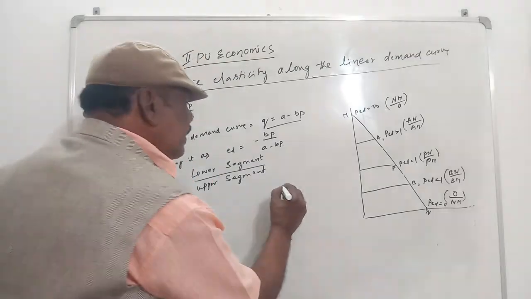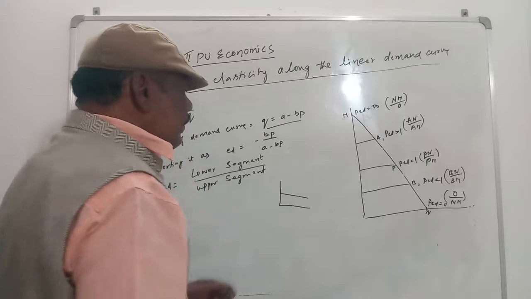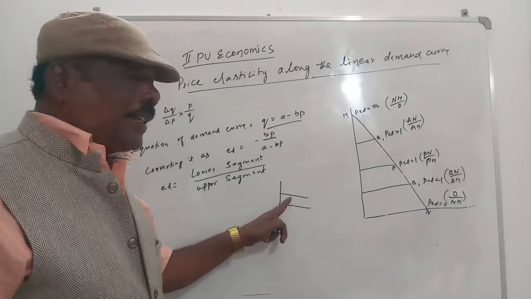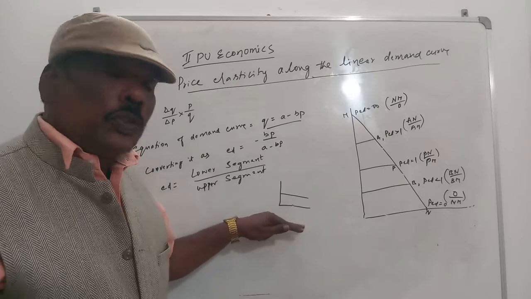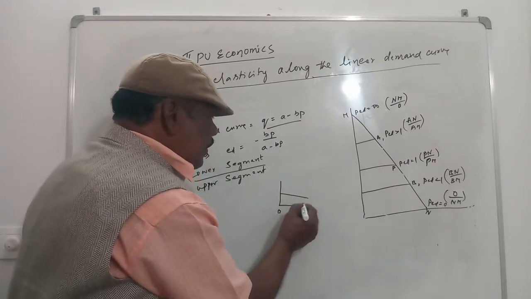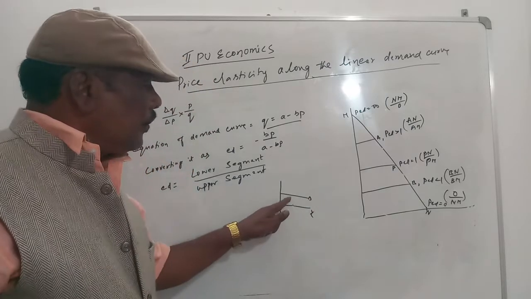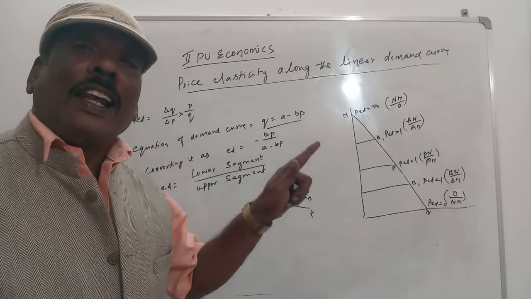You know, there is one, so in perfectly elastic demand, the demand curve is horizontal to the OX axis. This is the OX axis and this is the demand curve. So this shows that it is perfectly elastic.